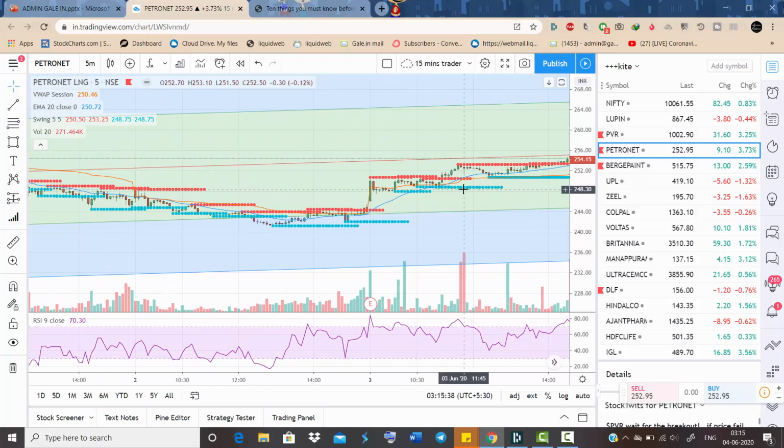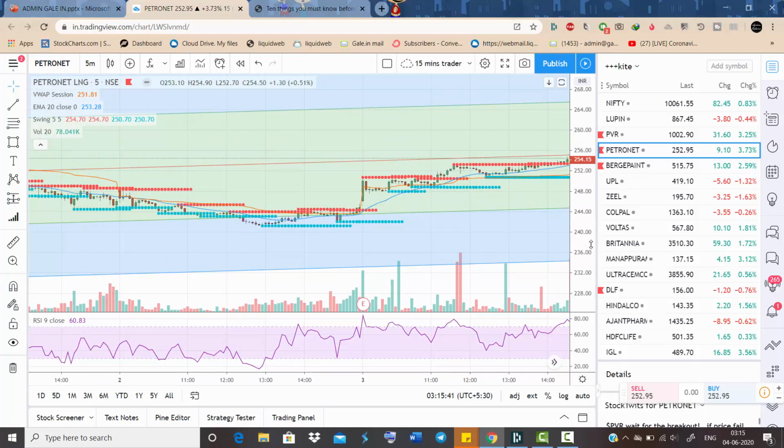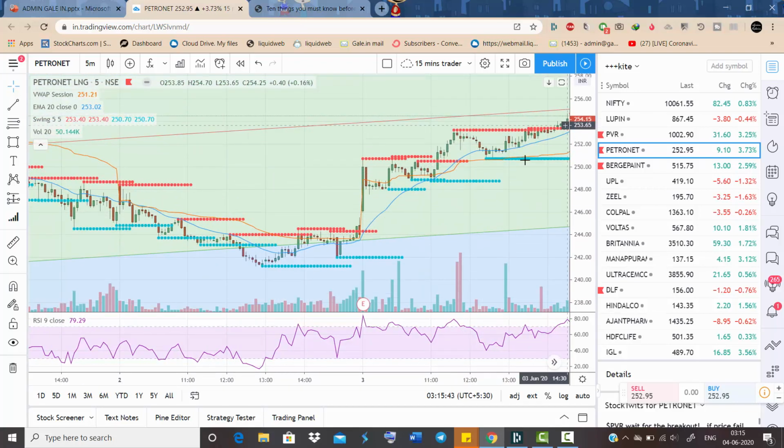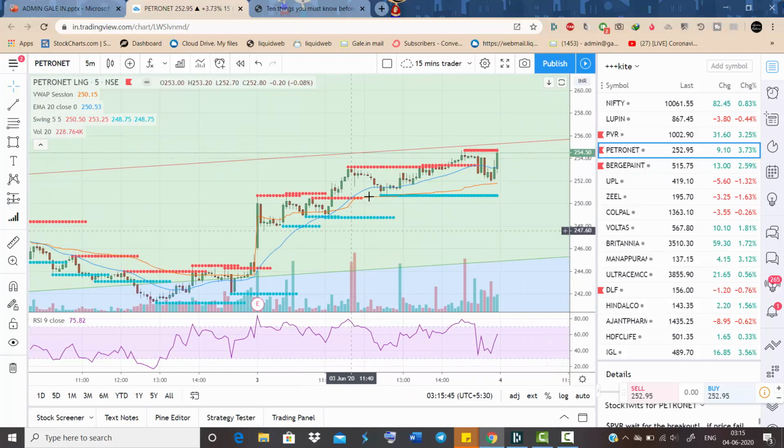So the stock can range between 245 to 262 without any resistance and support, and there is a good target price of 250 to 254. So A, B, C, entry at 250, stop loss you have 247 and a half.